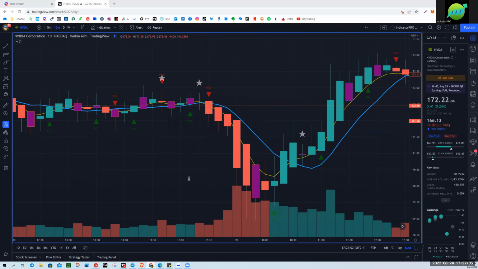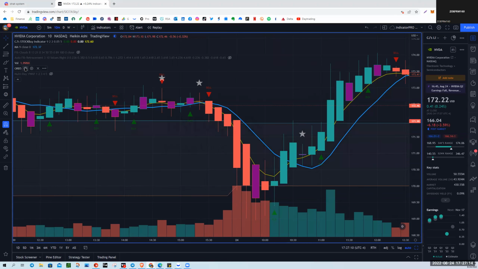Now, is it above the ORB5 and is it above the VWAP? So this is where I would put the ORB5, and ORB basically means opening range boundaries.